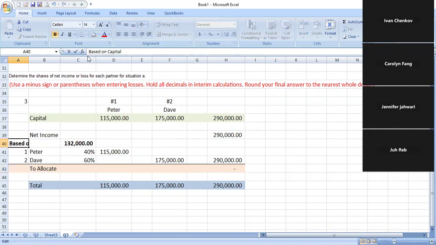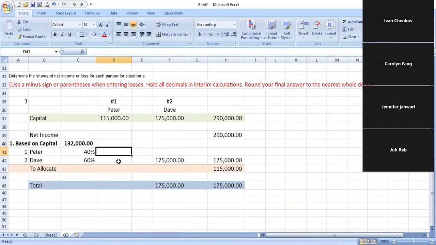Let's put it here: 1, based on the capital. How will my calculation be? Again 150 divided by 290. Well, I don't need to do that, right? I just have to get 40% of 132.